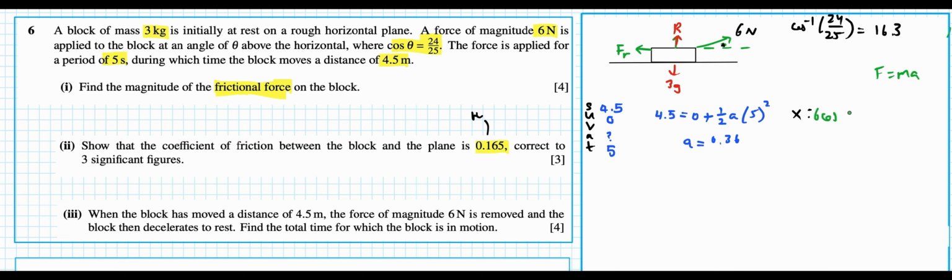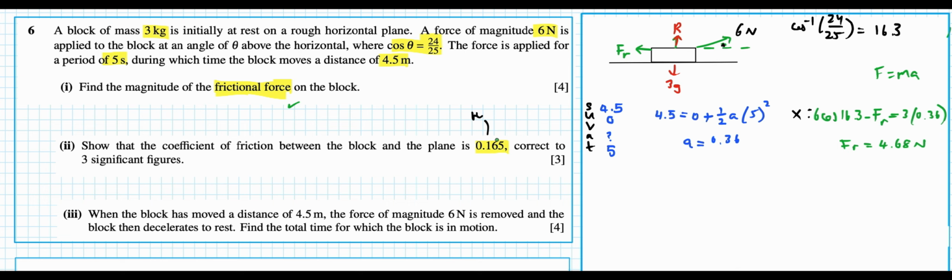The component for this is 6 cosine 16.3 minus your friction, just look at the diagram if you need to, is equal to 3 times your acceleration. So 3 times 0.36. So your frictional force, FR if you want, is equal to 5.76 minus 1.08, which is 4.68 newtons.